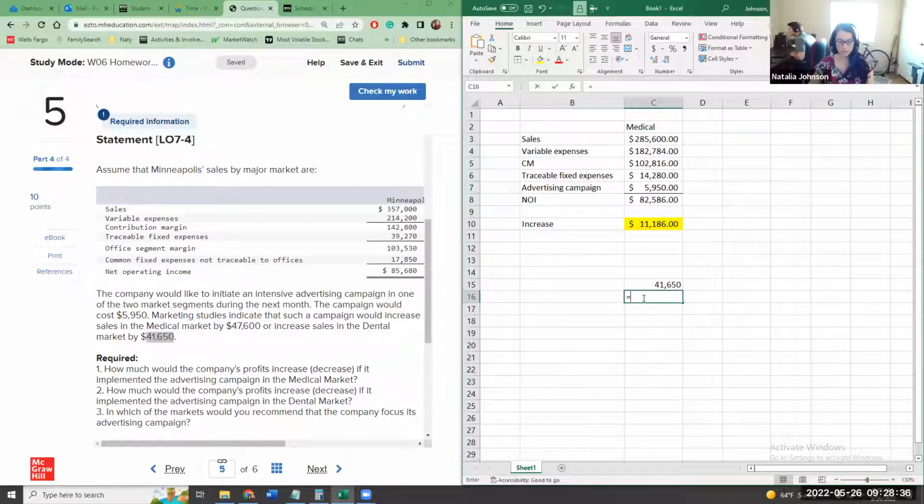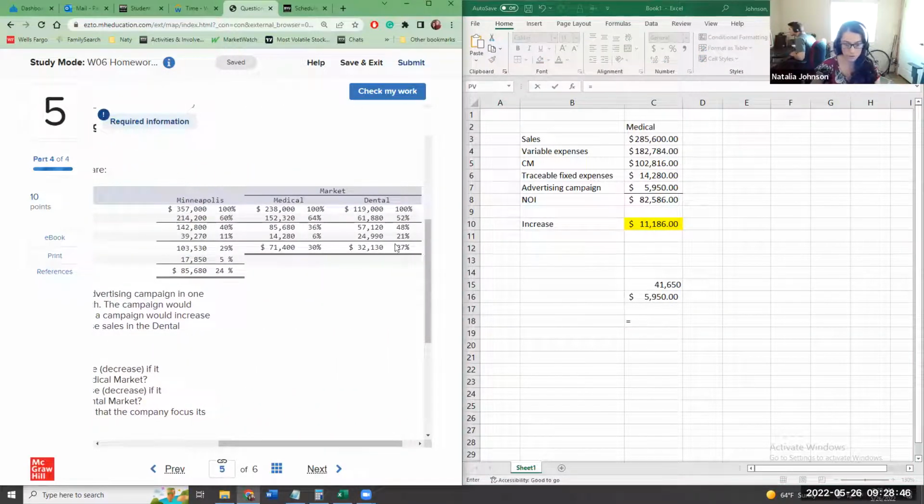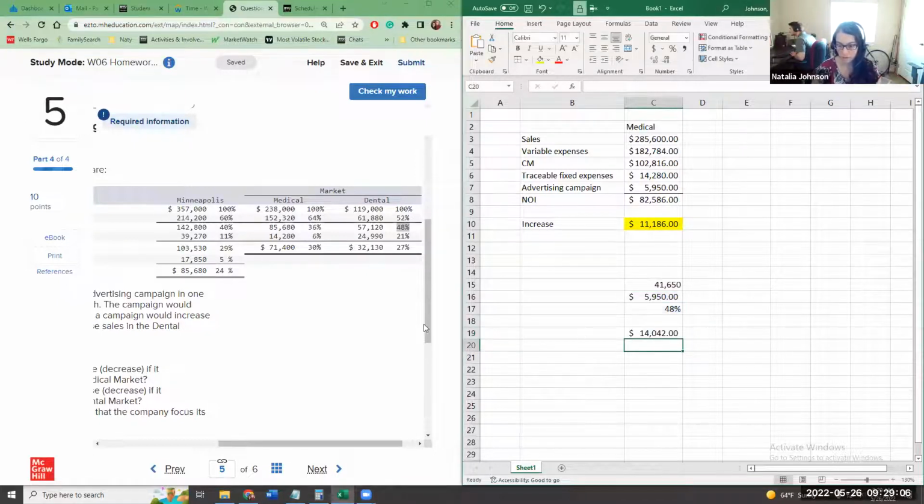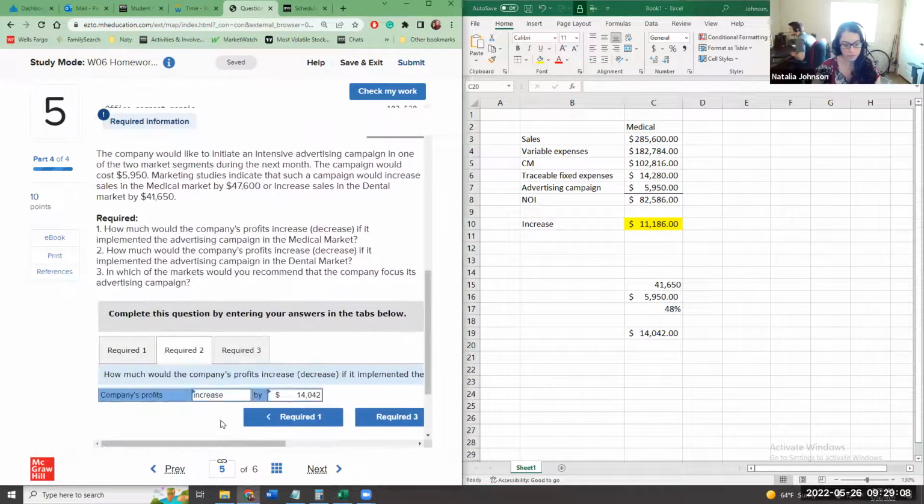And the fixed expense will stay the same because the campaign is going to cost 5,950. And let's see, the contribution margin ratio for dental is 48%. So let's do contribution margin ratio times the increase in sales minus the new fixed expense, 14,042, right here.